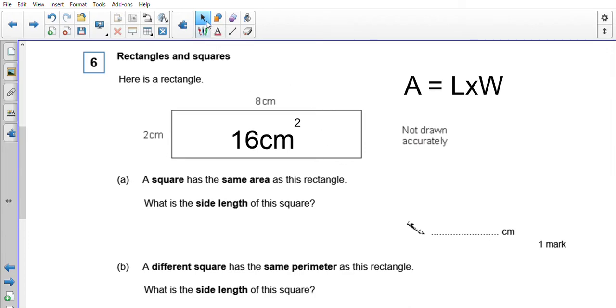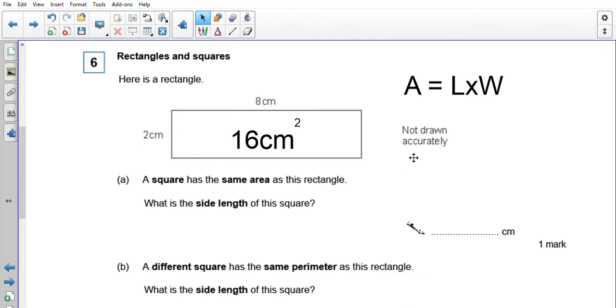Okay, we know for squares that all the sides have to be the same length. It has 4 sides, so to find the length of each side, with length times width, I'm going to have to find a number that if I multiply it by itself it equals 16.